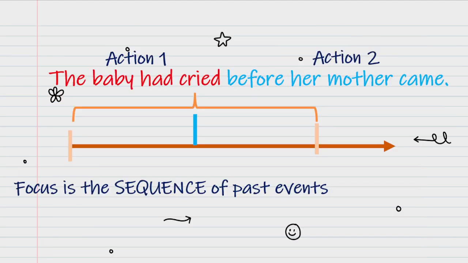So again, the focus is the sequence of past events. You could say the baby had cried. That's action 1, that's why it's in the past perfect tense, before her mother came. So first, the baby was crying, as seen here on the bracket, and then her mother came.